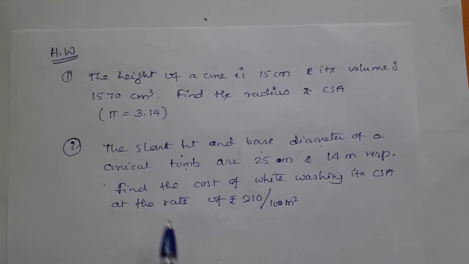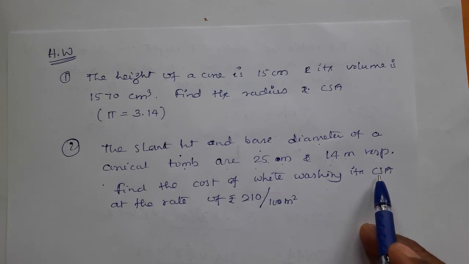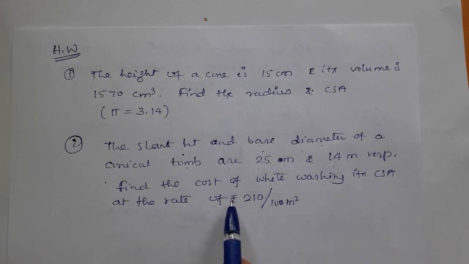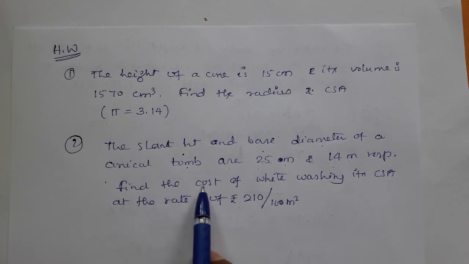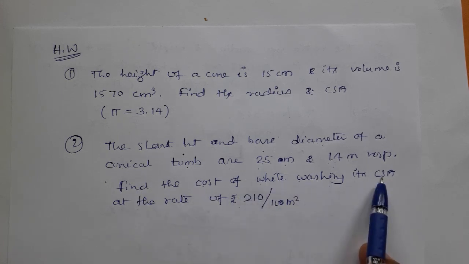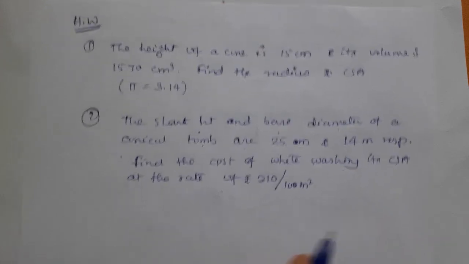Okay. Find the cost of whitewashing curved surface area. So you need to find out curved surface area first. If you find curved surface area, then you can multiply with the 210 by 100, because we need to find the cost of whitewashing.